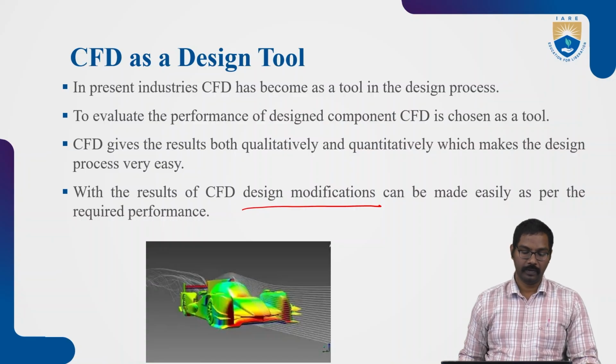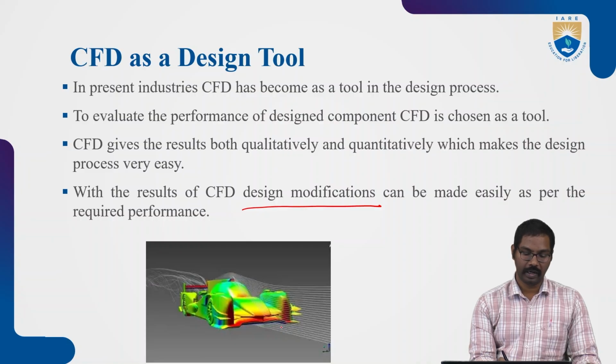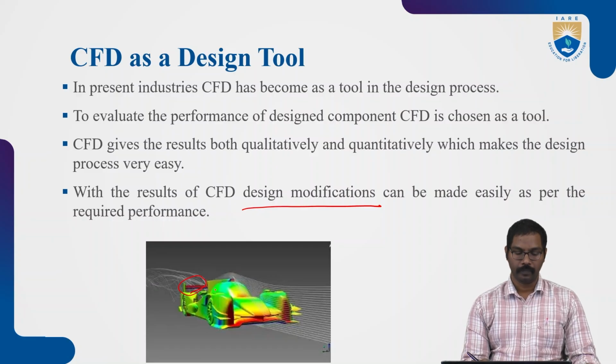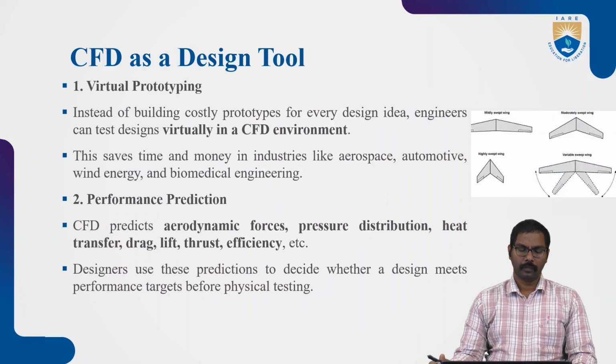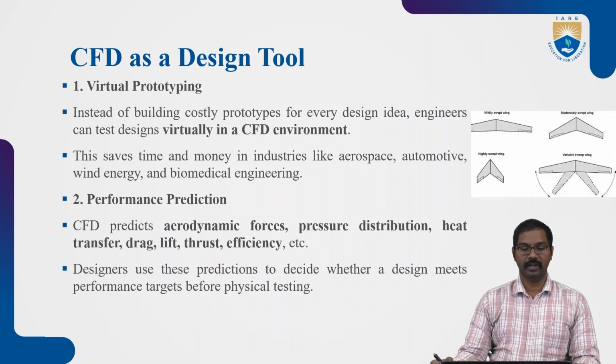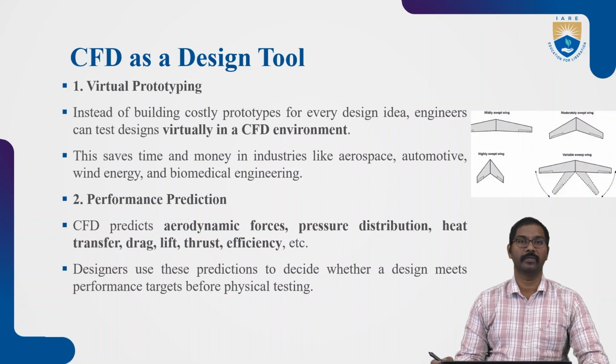In this diagram, the flow over a racing car is shown. Here we are majorly concentrating on this flap, which reduces the flow separation or the wake regions, so that the drag can be reduced, the car can move at higher speeds, and the fuel consumption can be reduced.